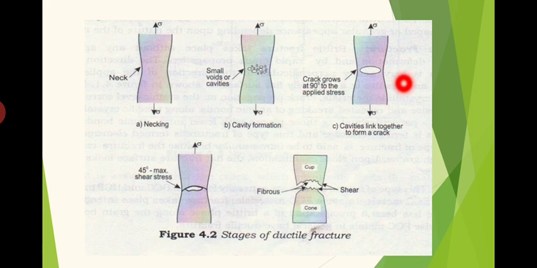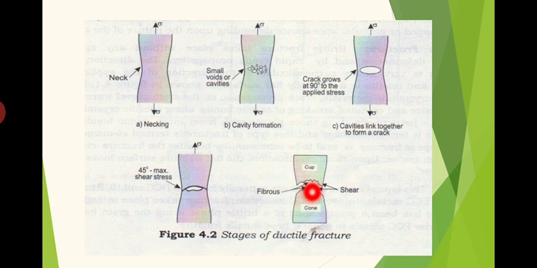But once the plastic deformation becomes dominant, shear stress also will be acting. Because of the effect of that shear stress, the direction of propagation of the crack will deviate to 45 degrees to the maximum shear stress value.